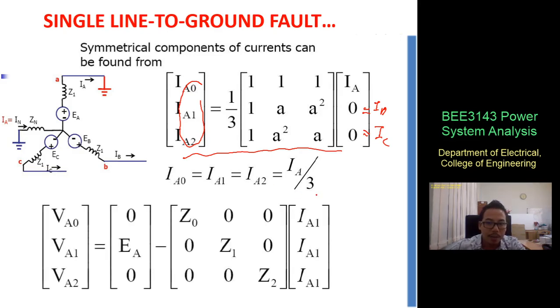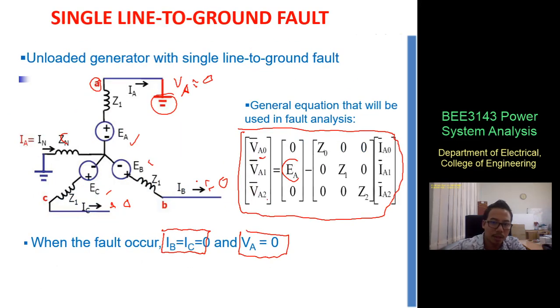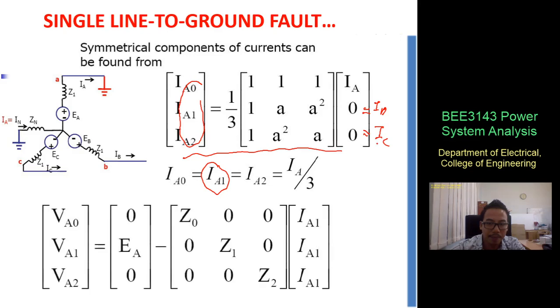When we replace the value of IA over 3 with IA1 in the previous equation, all the entries become IA1.